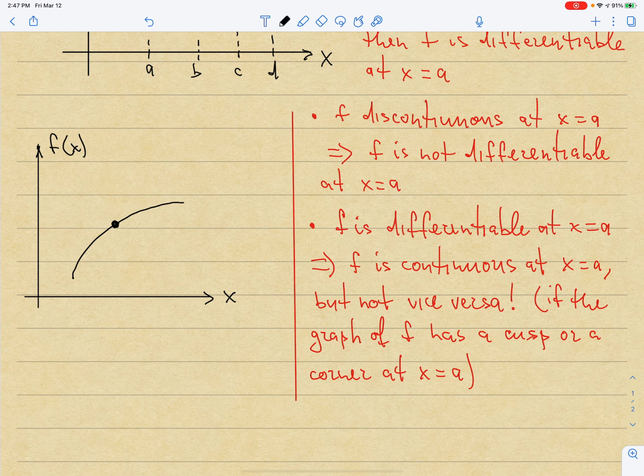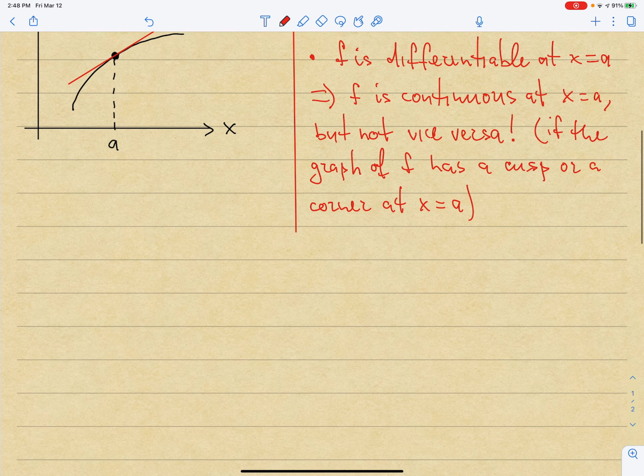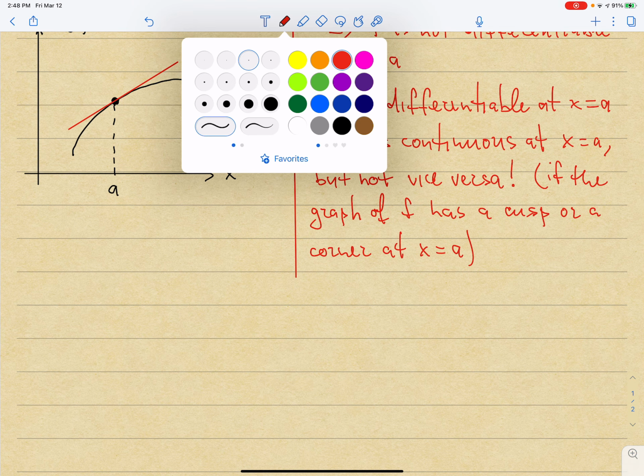I pick a specific point. Again, that point is going to be x equal to a. Clearly, this function has a tangent line, like this. And I want to figure out what the slope of a tangent line is analytically.